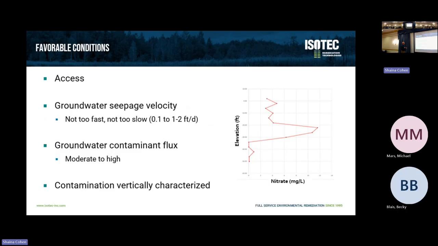We wanted to make sure that our PRB covered this as well as this. Above and below, there was relatively low nitrate, so we knew where vertically we needed to put our PRB. We can target that both lengthwise and vertically, where our PRBs need to go. That's where we can be most cost effective in what we're applying.